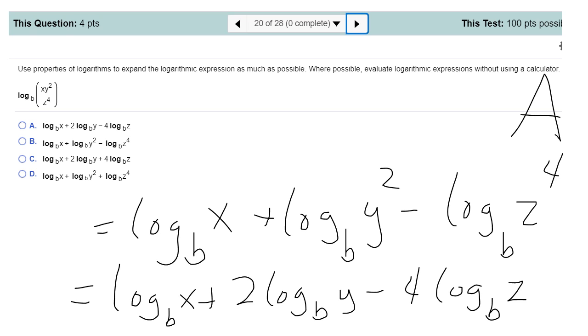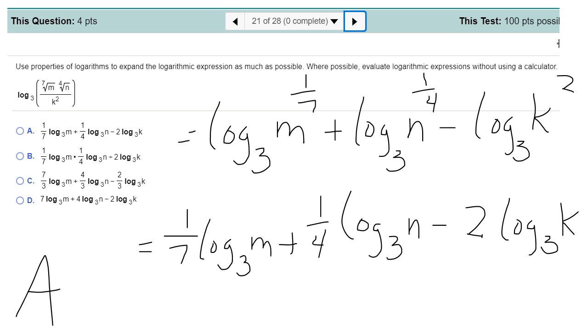So I will subtract log base b of z to the 4th. Now using the power exponent property of logs, any exponent inside of the log can be moved in front, which is what we've done when we get now log base b of x plus 2 log base b of y minus 4 log base b of z.